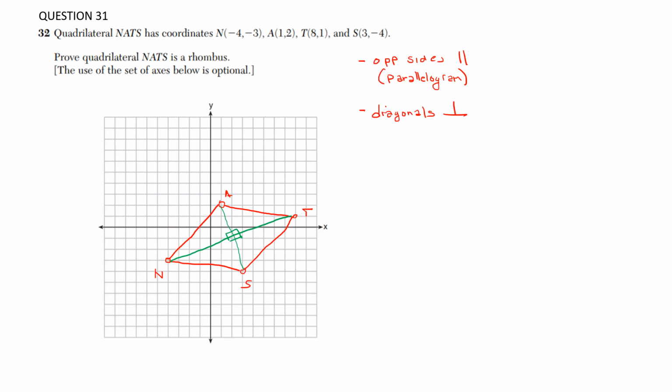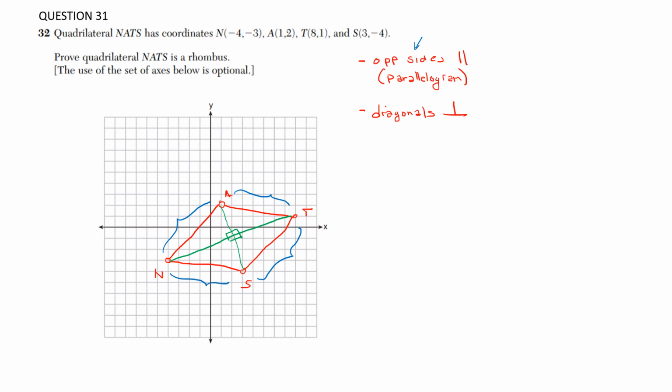All right, let's start with the parallelogram portion. So to have opposite sides parallel, that means that the slope of AN has to be equal to the slope of ST, and the slope of AT must equal the slope of NS.